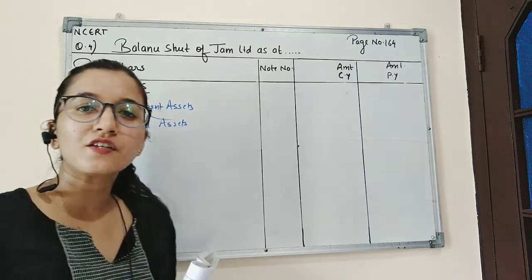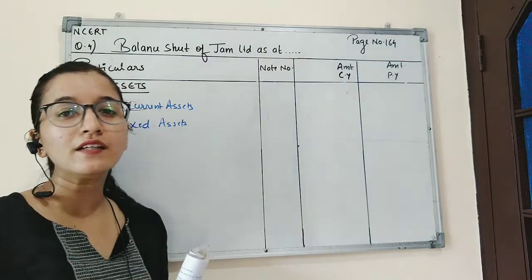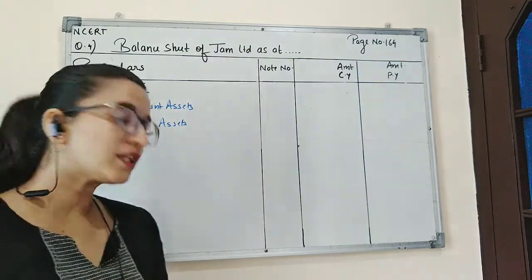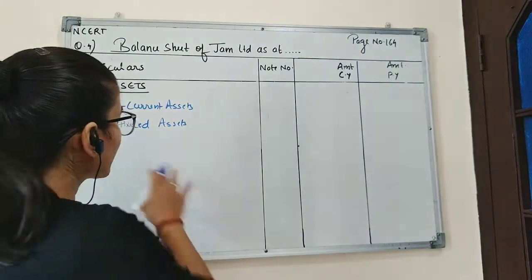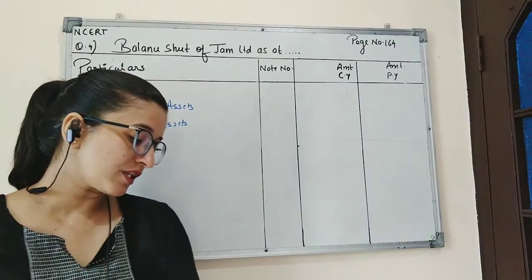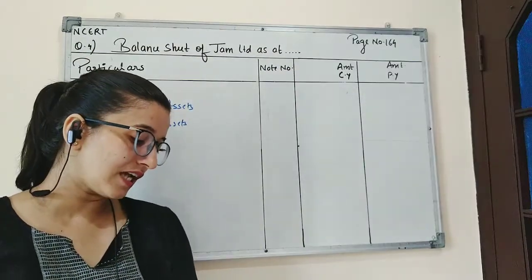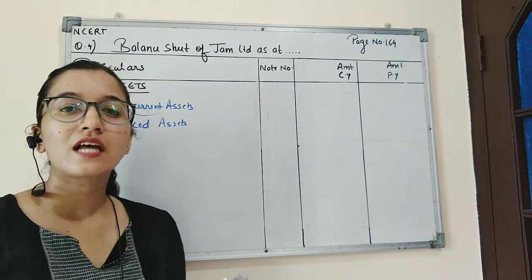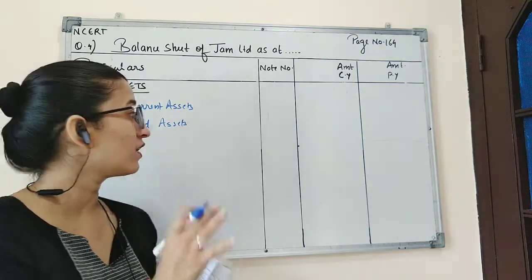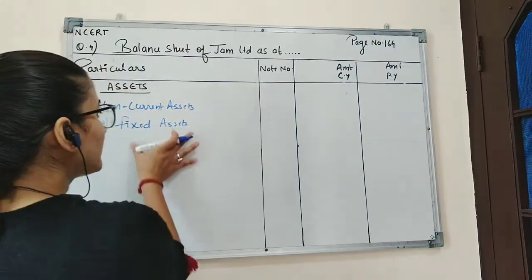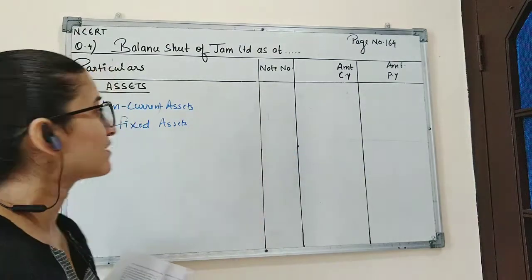So fixed assets consist of tangible fixed assets and intangible fixed assets. So in the question only tangible fixed assets are given. Plant and machinery amounting to 8 lakh and land and building amounting to 6 lakh. So we'll add these two amounts of fixed assets and we'll record this amount under tangible fixed assets.